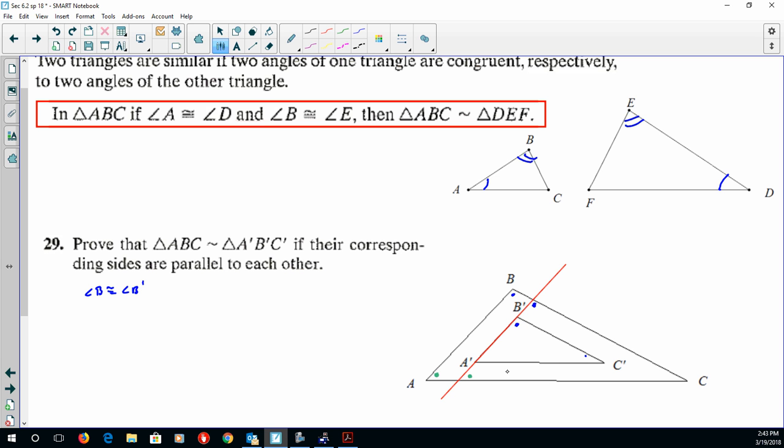Now, AC and A prime C prime are parallel, and they're cut by the red transversal, which means that this angle and that angle are congruent. So if A is congruent to this and this is congruent to A prime, then angle A is congruent to A prime.